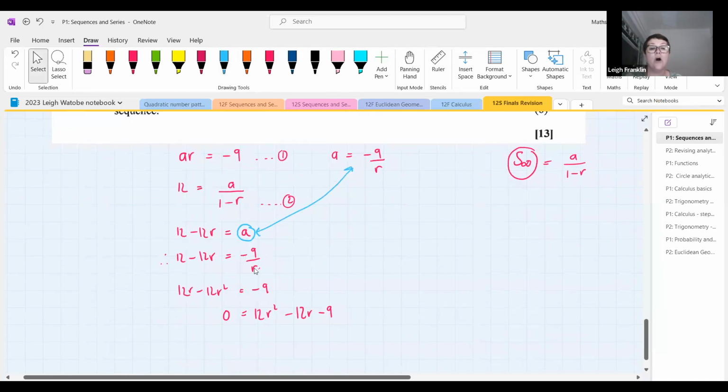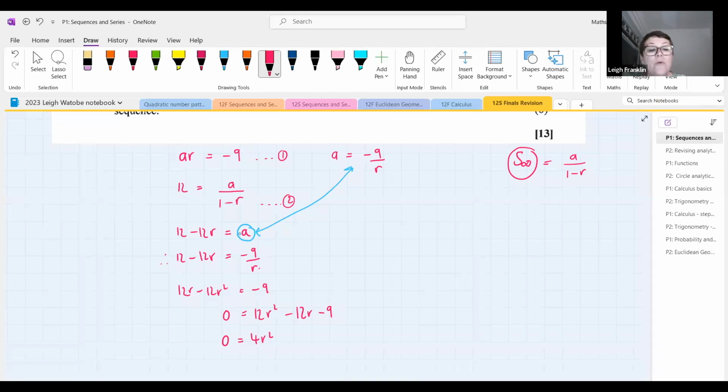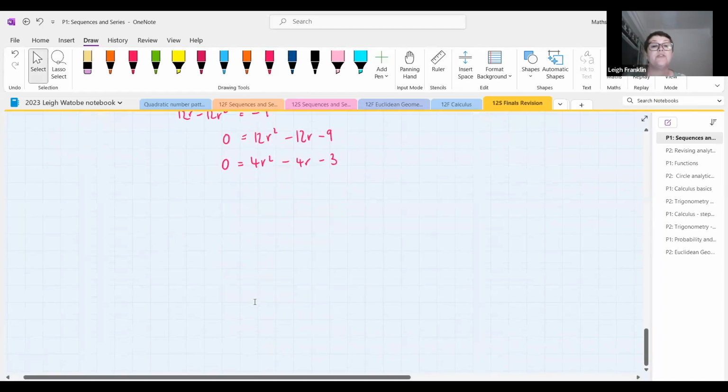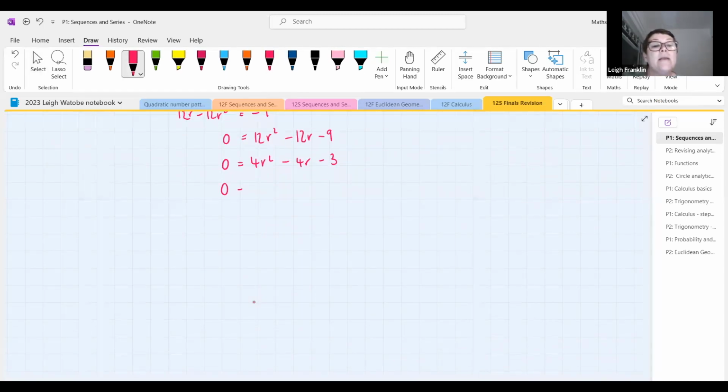Now I've got R as my lowest common denominator, so to get rid of that fraction, I'm going to multiply every term in the equation by R. Okay, so Trisha's giving me an answer already. Trish, you're so fast. That's really good. Well done. Okay, so 0 equals, what I'm going to do here is divide through by 3. This is going to give me 4R squared minus 4R minus 3, just to make it a little bit easier to factorize.